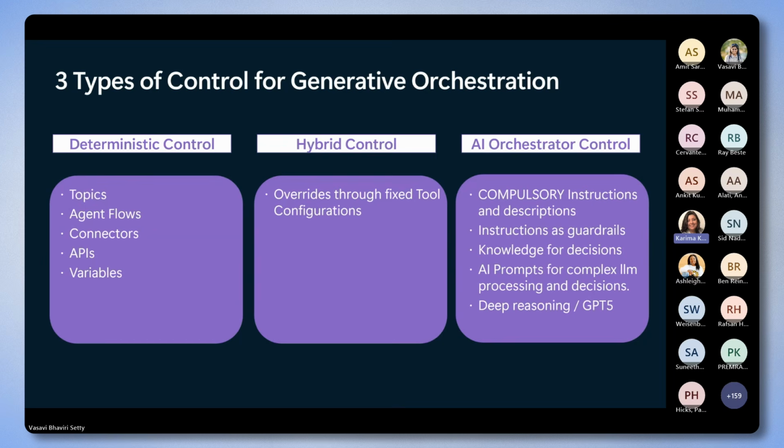We have overrides in tool configurations, and that can change the direction of a plan. It does something scripted in the middle of an AI plan, and we know that it will always be applied. Every time something happens in AI, something deterministic is going to happen in a topic.